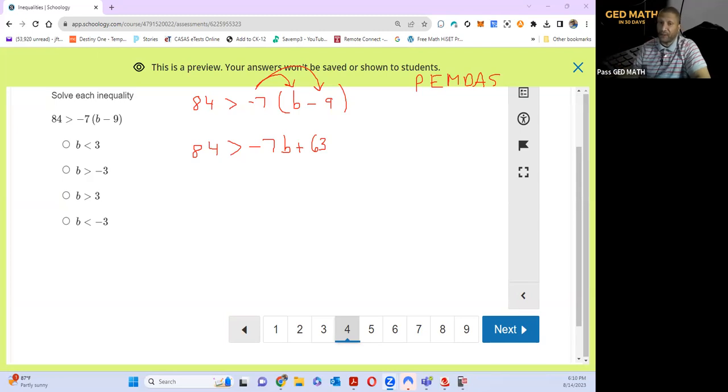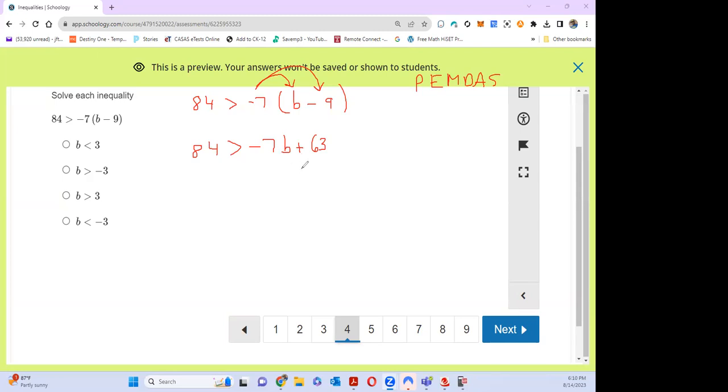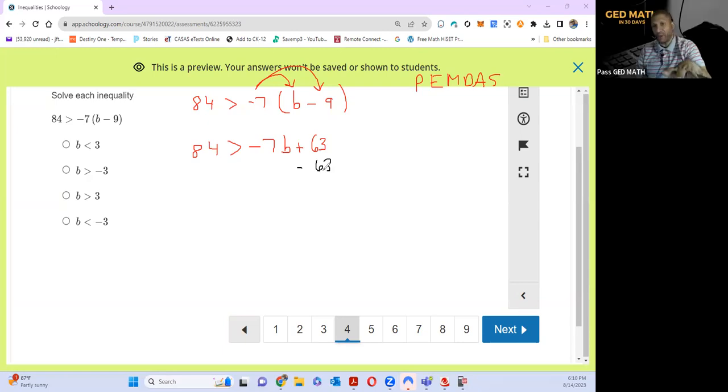What's the opposite of plus 63? Minus 63. So remember, when we're solving algebraic equations, we're solving inequalities, and you need to do the inverse operations to cancel them out. But you also got to remember both sides of the equation. So if you had a weight scale and you put 5 pounds on one side, it's going to be uneven.